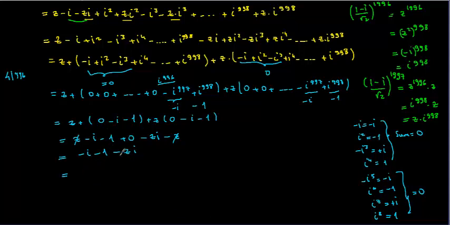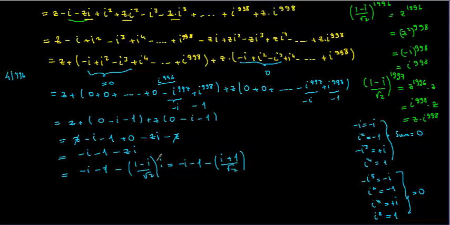Minus I minus 1 minus zI is equal to minus I minus 1 minus z, which is equal to 1 minus I over root 2 times I. Here I take the minus sign: minus I times minus 1, which is equal to minus I, minus I square is equal to plus 1, all over root 2.